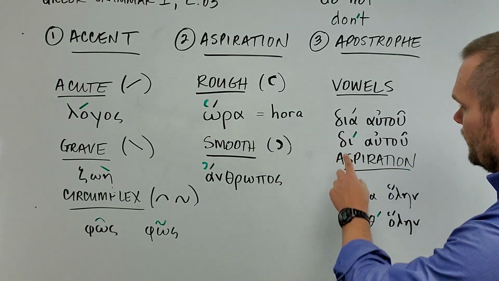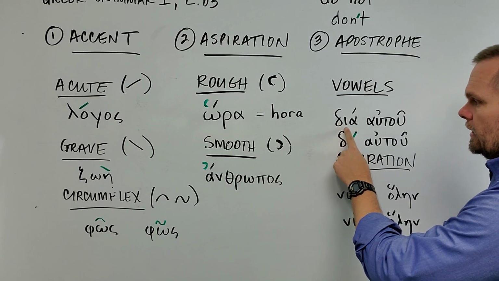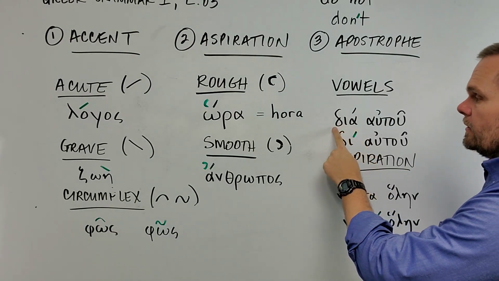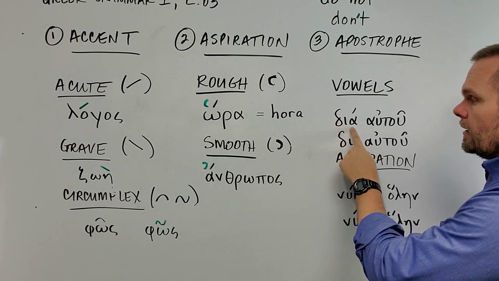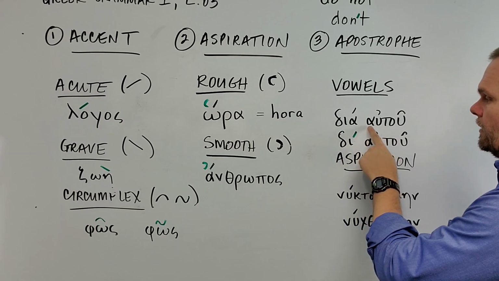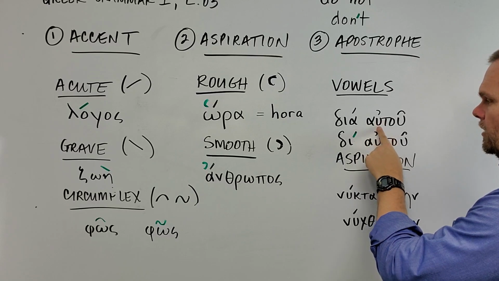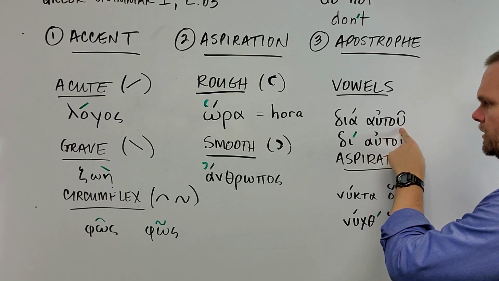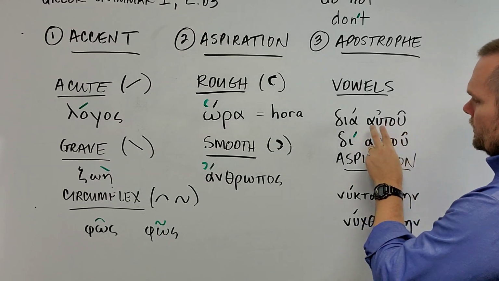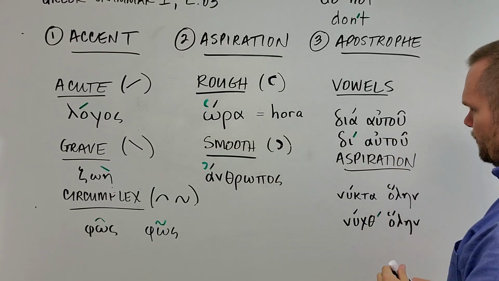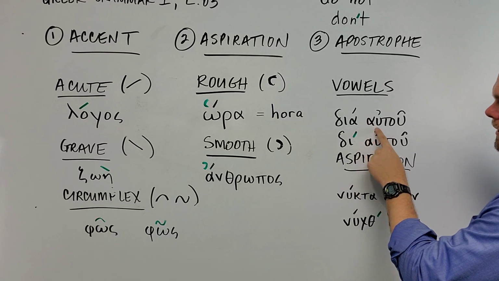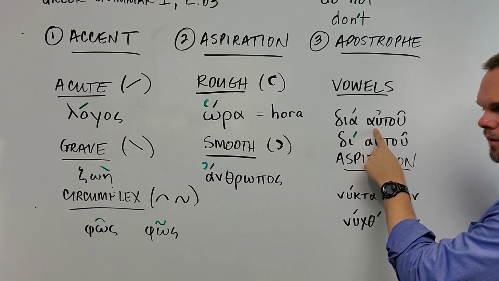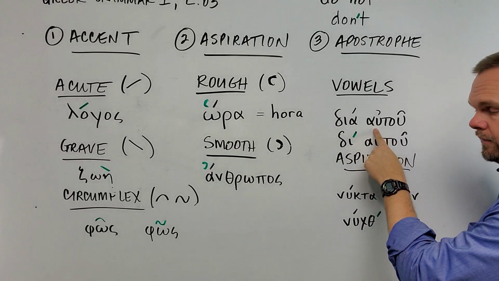So here you see delta, iota, alpha. That's one word. Dia. And then we have alpha, upsilon, tau, omicron, upsilon. Notice here, this is an important little point, we have a diphthong, alpha, upsilon. It's one of our 12 diphthongs, one of the 6 proper diphthongs.